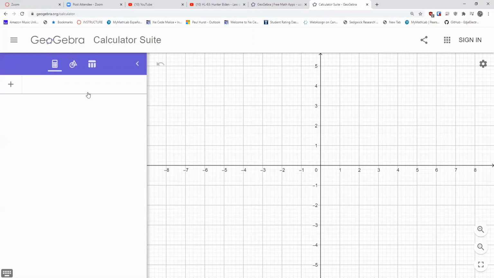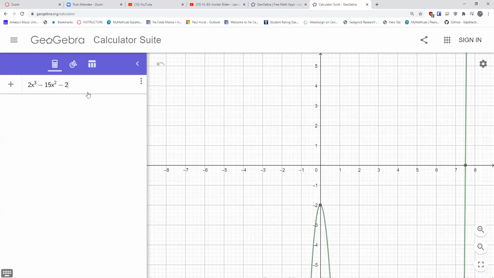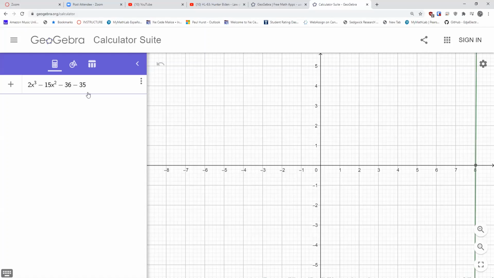And I'm going to put the function in, which was 2x to the third minus 15x squared minus 36x minus 35. Wait, 36x? Whoa.